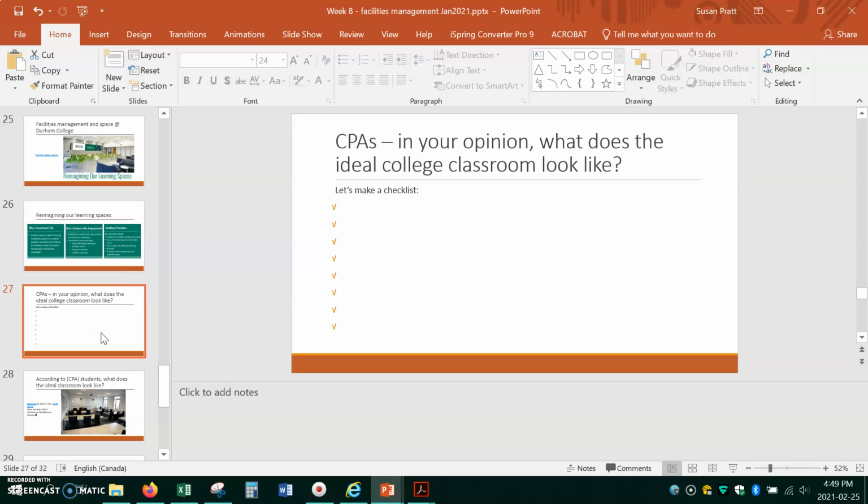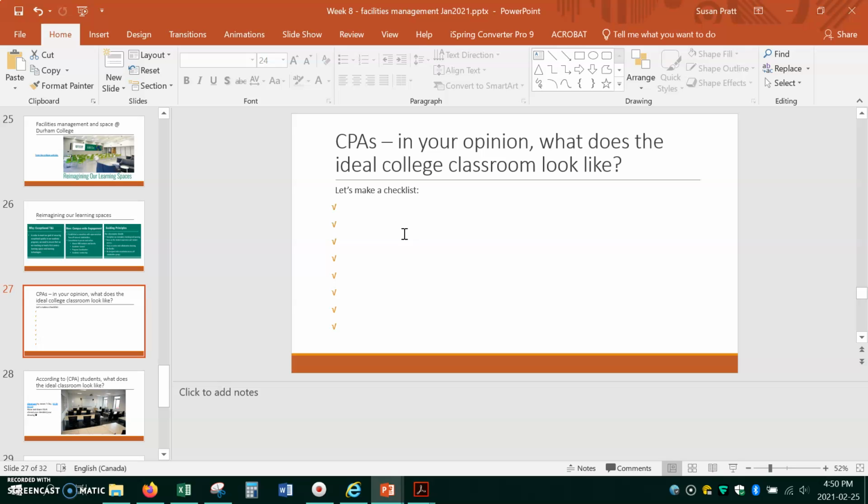So, before going any further, in your opinion, what does the ideal college classroom look like? Think about all those facilities things on the other slides, what facilities encompasses: furniture, lighting, signage, HVAC, all that good stuff, and make a checklist or make a picture.